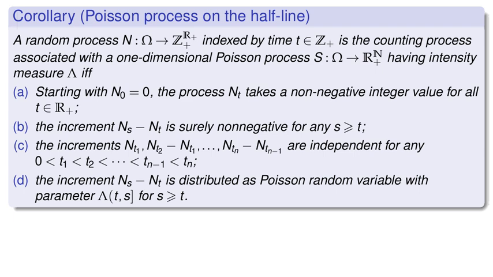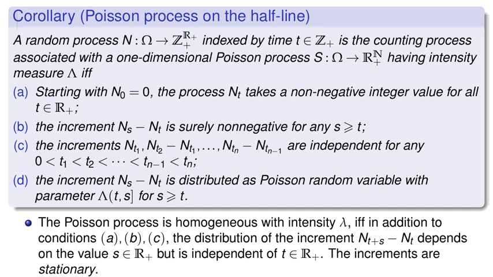C, the increments Nt1, Nt2 minus Nt1, ..., Ntn minus Nt(n-1) are independent for any sequence 0 less than t1 less than t2 less than ... less than t(n-1) less than tn. D, the increment Ns minus Nt is distributed as a Poisson random variable with parameter lambda of the half open set (t, s], for s greater than or equal to t.